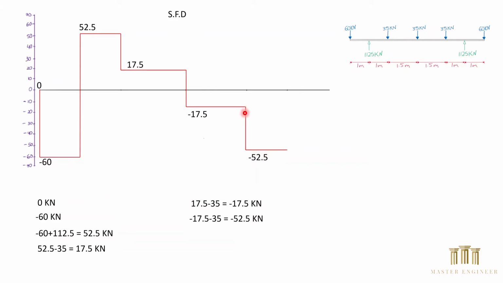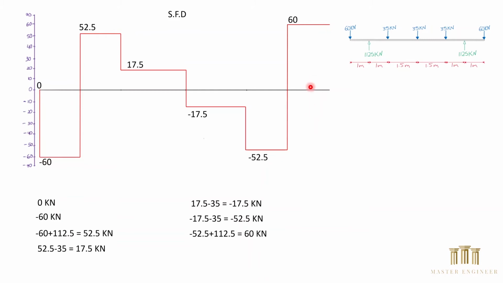We draw a straight line all the way down to minus 52.5. Constant shear force again until we come across the support reaction at point B, which is 112.5 kilonewton. At this point, we have minus 52.5 and positive 112.5 equals 60 kilonewton. We draw a straight line all the way up to positive 60.